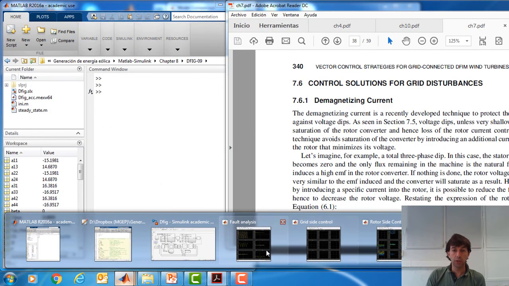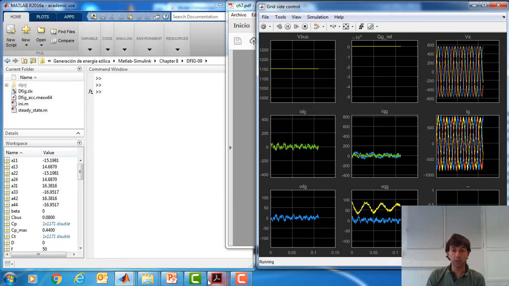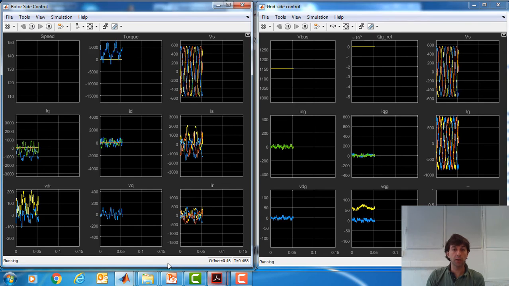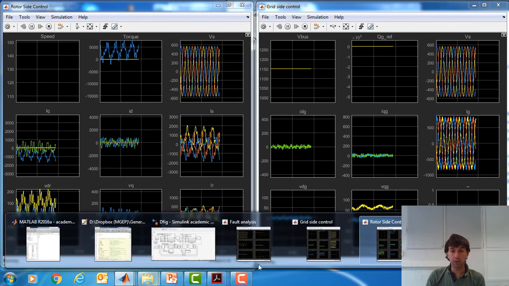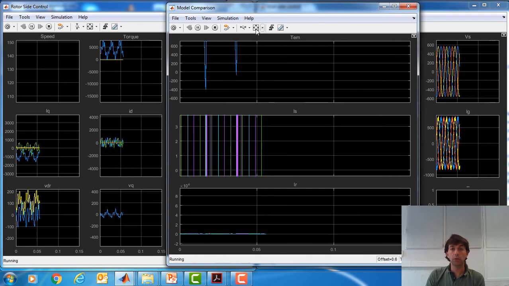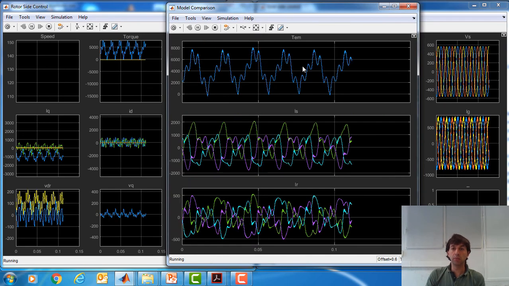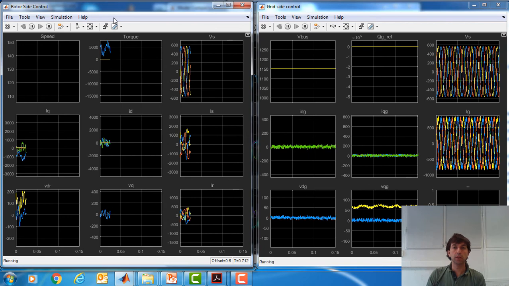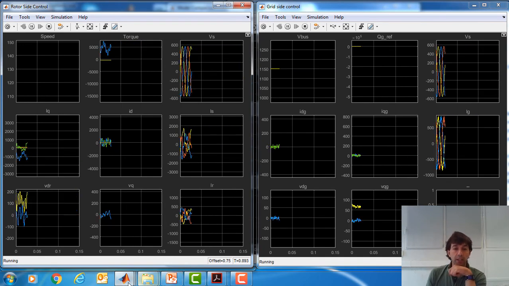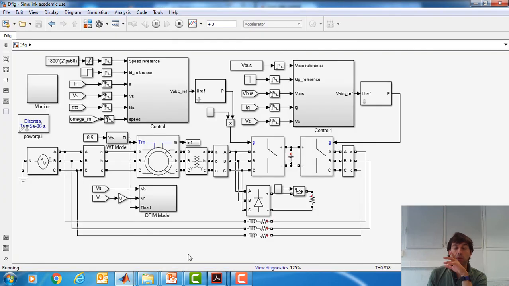Let's use the scopes, the grid side converter and the rotor side converter. Let's have a look at the model comparison, and it seems that everything is okay, but let's wait until the simulation finishes. Just remember that this is the simulating program where we left in video tutorial 8.